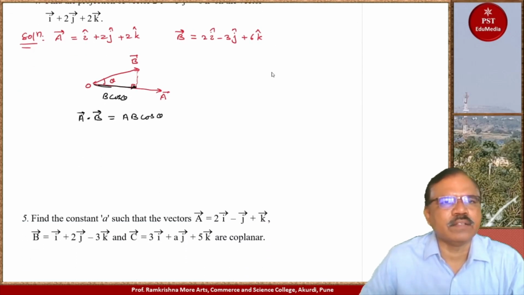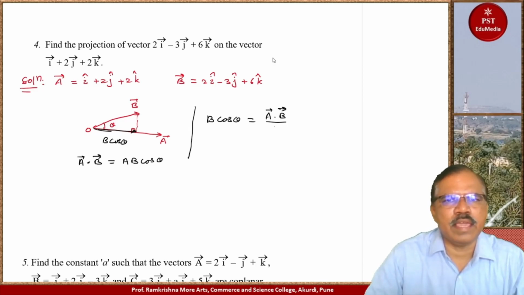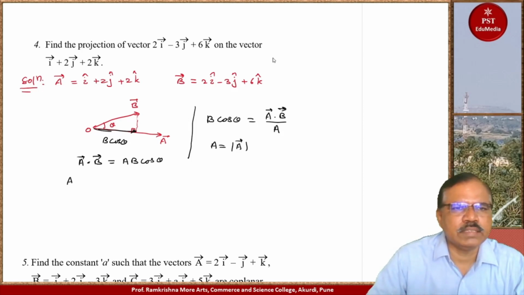Now here A dot B means B cos theta is equal to A dot B divided by A, where A is the magnitude of A. Now first we will find A dot B. So what is A dot B? A dot B is AX BX plus AY BY plus AZ BZ.